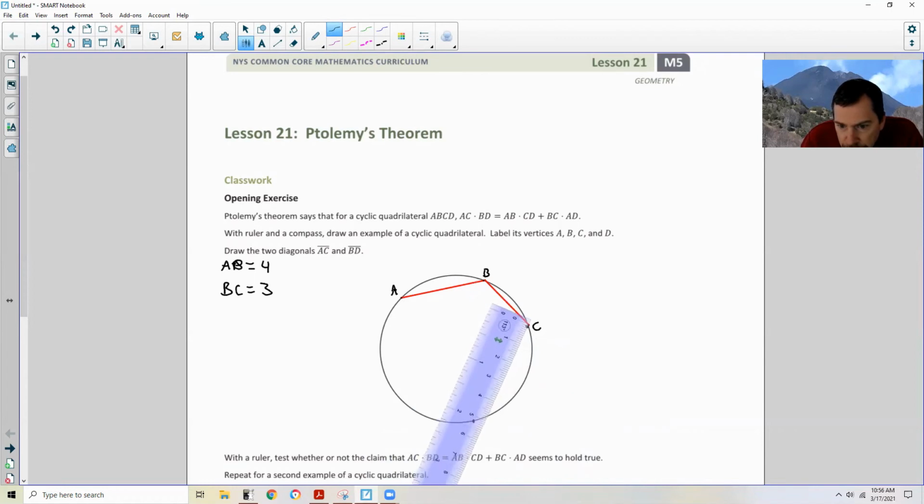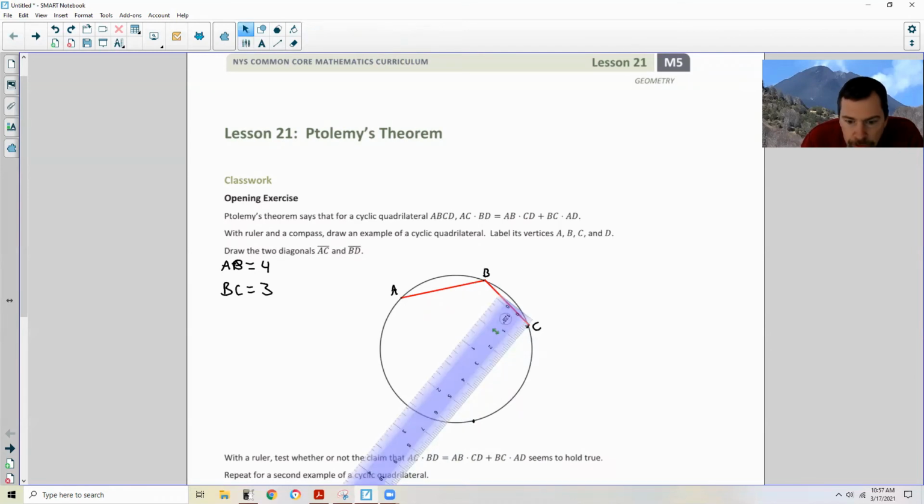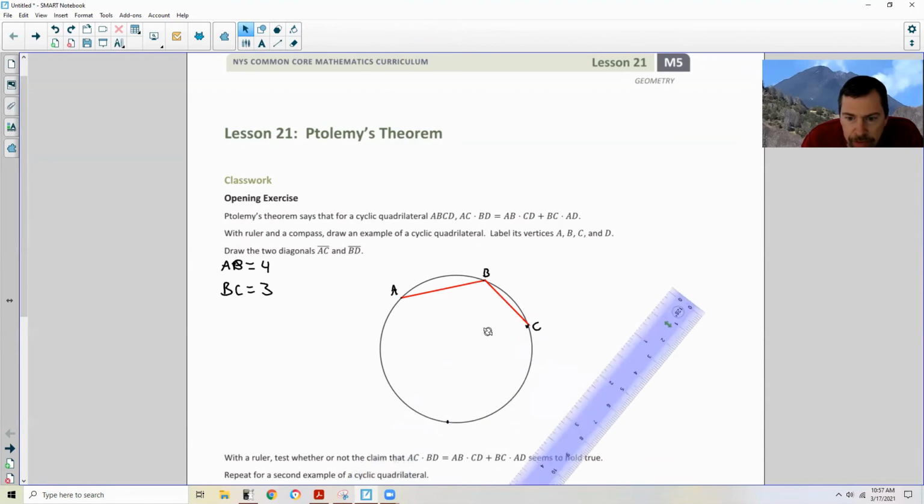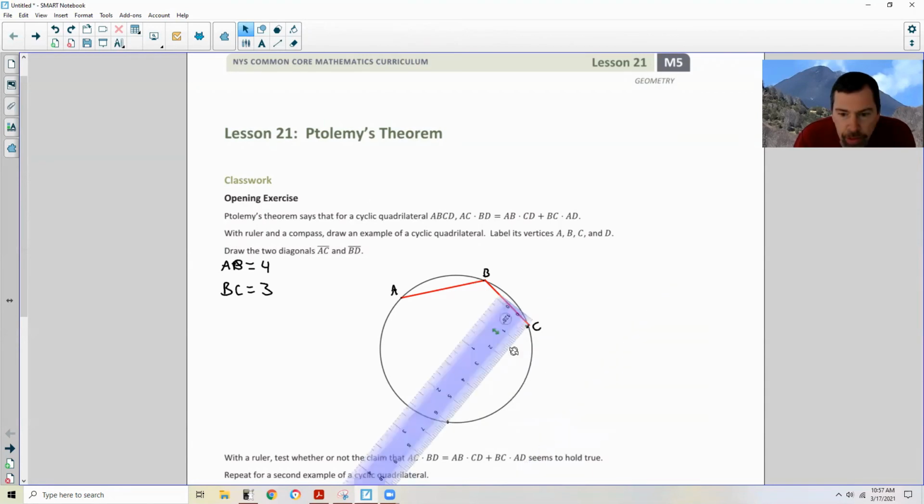So I'll put that as close to where I had the end of that line segment, and I'm going to move it over here to 6. So if I draw this red line here, CD is length 6.